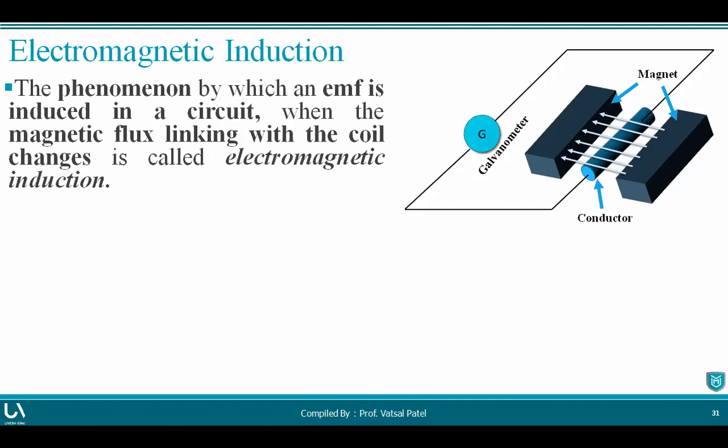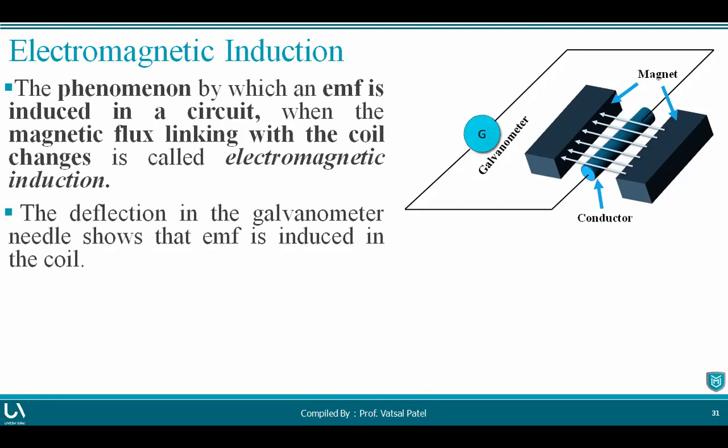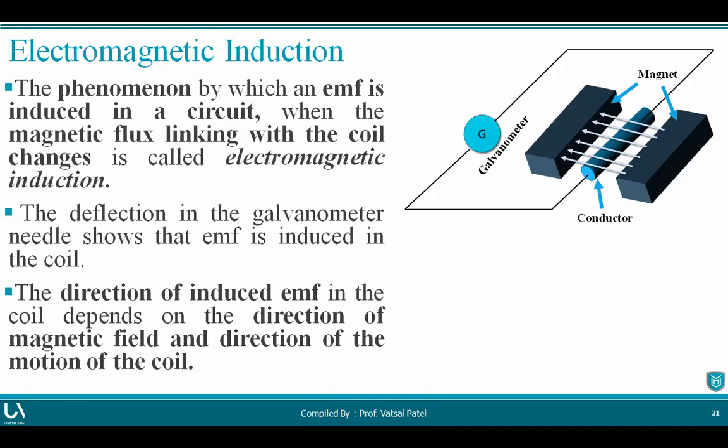This is the sentence we use for the deflection in the galvanometer, which we identify based on the EMF induced in the conductor when it is put in the magnetic field. The third topic is the direction of the induced EMF in the coil. It depends upon the direction of the magnetic field and the direction of the motion of the coil. So this is the diagram we have seen.